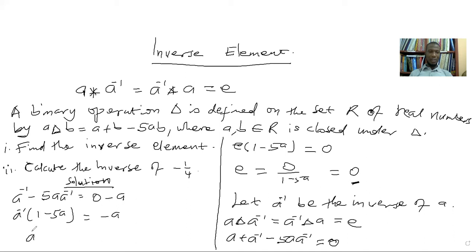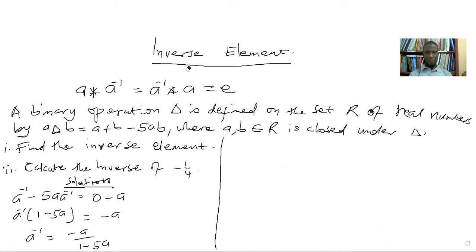We are going to get A inverse being equal to negative A over 1 minus 5A. Therefore, the inverse of A is negative A over 1 minus 5A. So this is the inverse we are looking for.